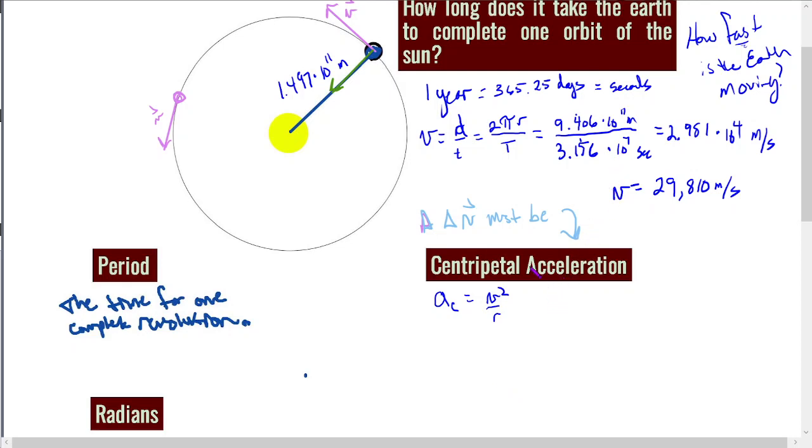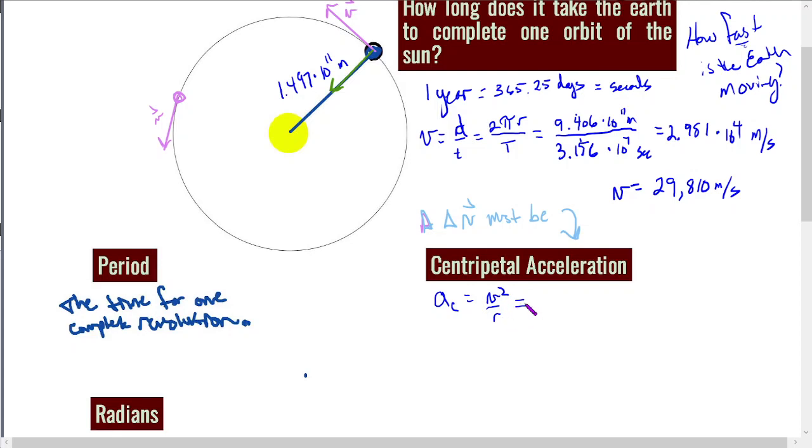Okay. Now I'm going to introduce a new concept, well, I'll do that here in a sec. This is the centripetal acceleration, so it's our velocity squared, our speed squared, divided by the radius.